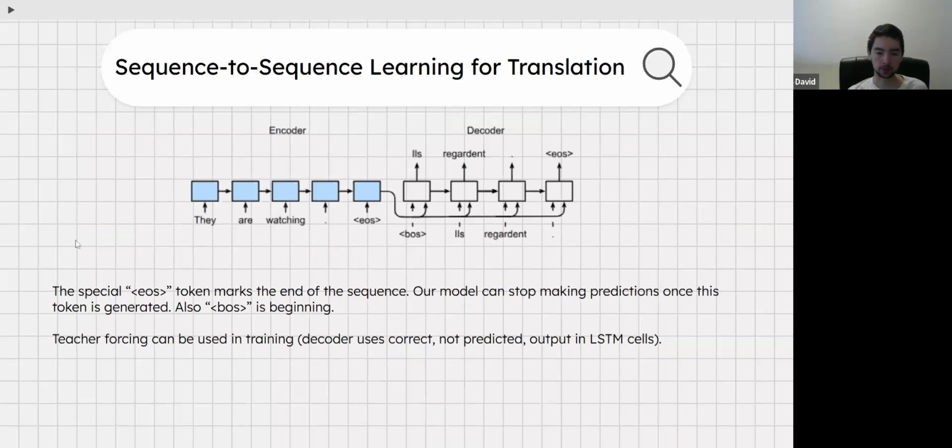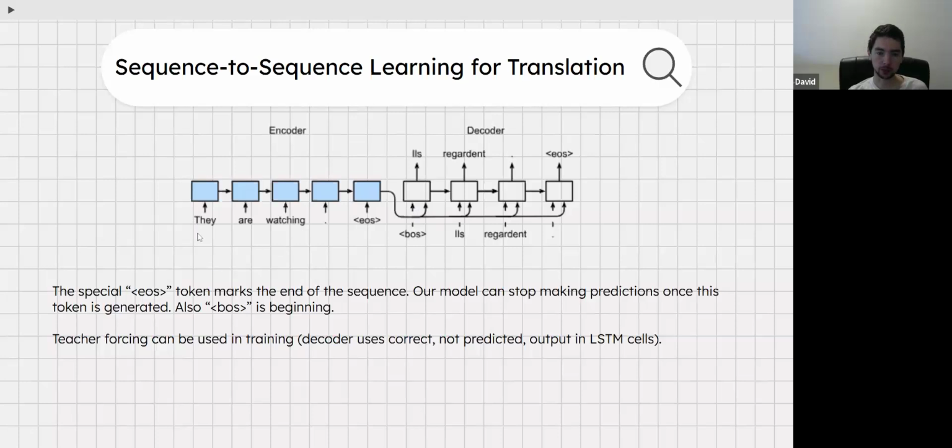In order to output a variable length sequence, we need two special tokens, an end of sentence token and a beginning of sentence token. I assume that one of these can be all zeros and one all ones or something like that, or some sort of special encoding for those tokens.